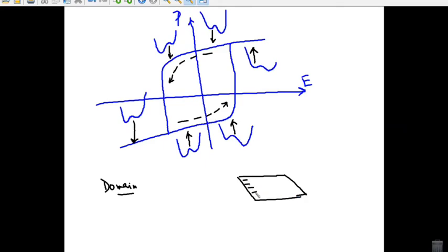If this is my negative charge and this is my positive charge region, outward normal, outward normal, and the polarization projects in this direction, right? So this is a surface charge density generated by a bulk polarization at an interface.